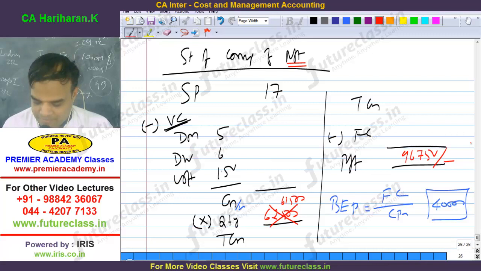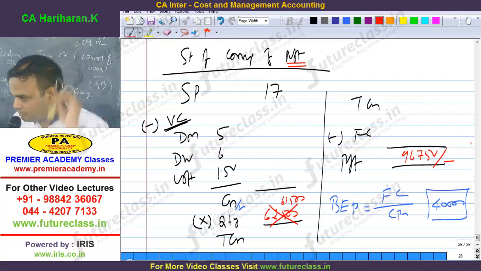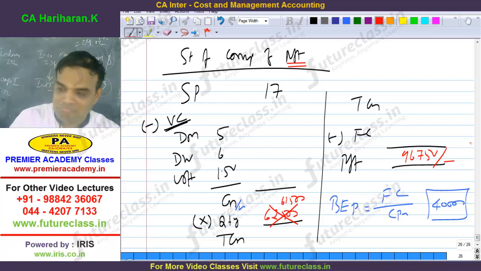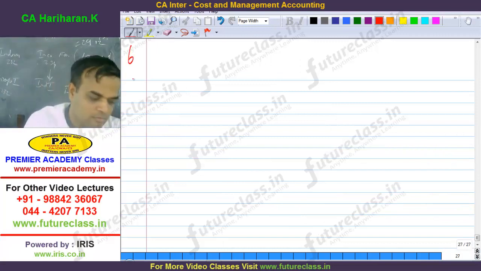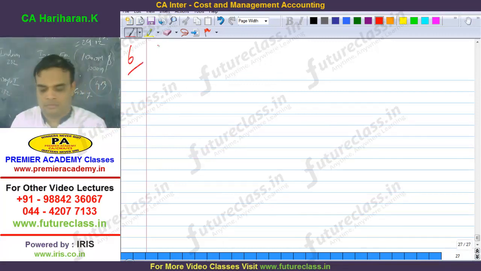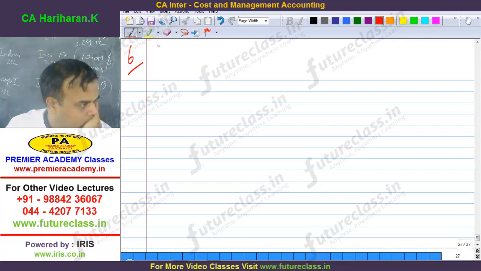Now, go to problem number 6. X Limited produces a standard product, the estimated cost of which is given below. Raw materials rupees 10 per unit, direct wages rupees 8 per unit, direct expenses rupees 2 per unit, variable overheads rupees 3 per unit.